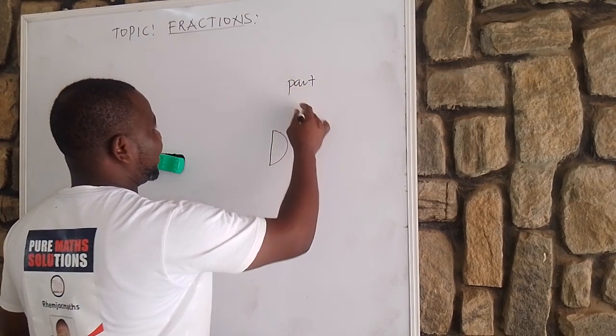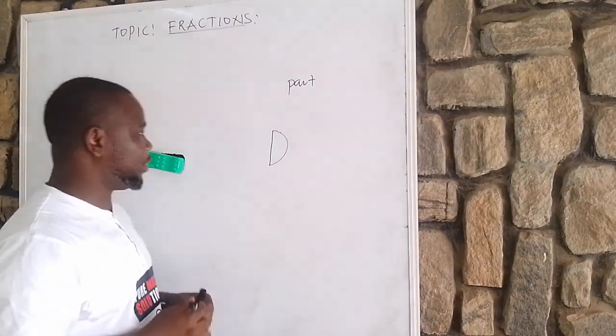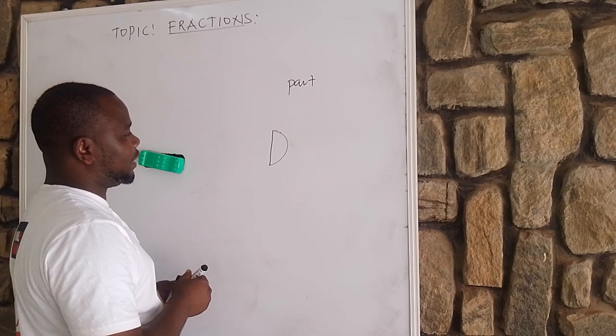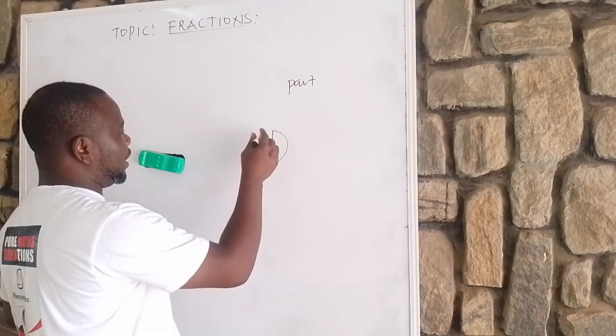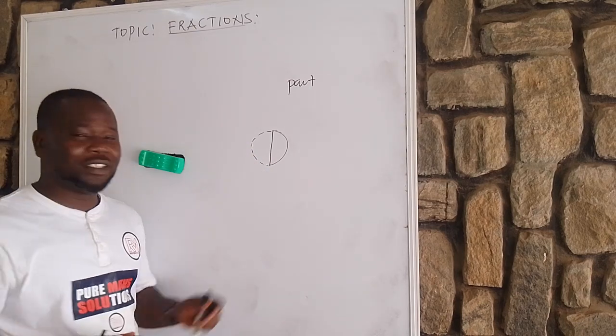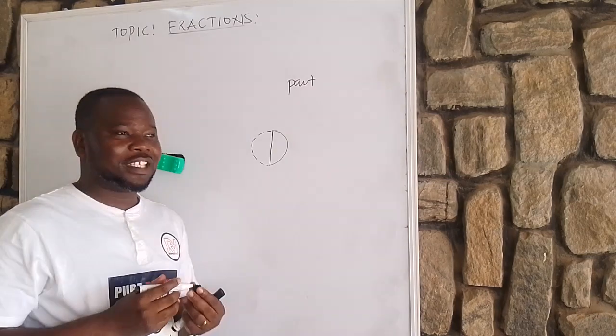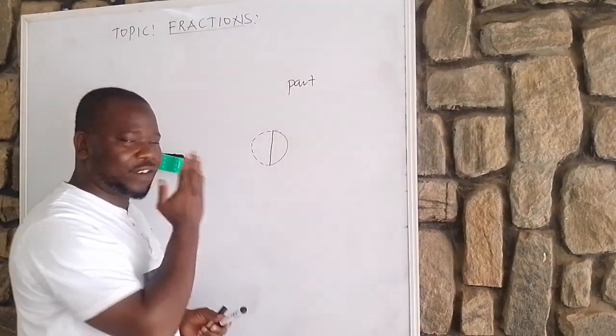You have parted it into how many places? So you discover that you want to reserve this other side, and then make use of this side. This is what we call fraction.